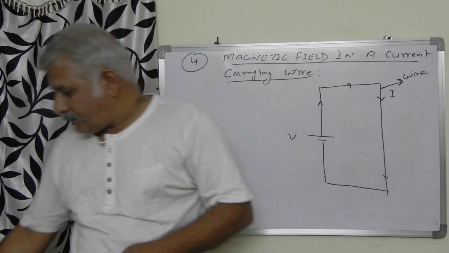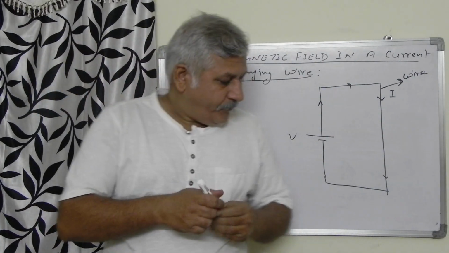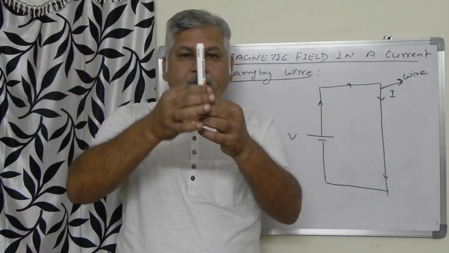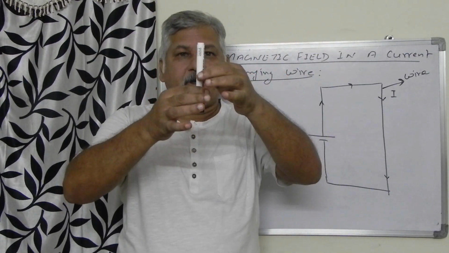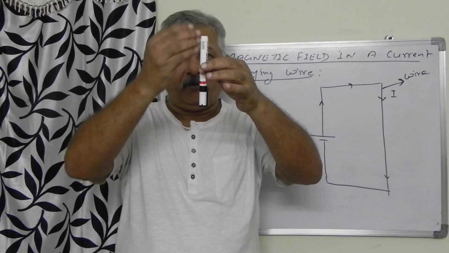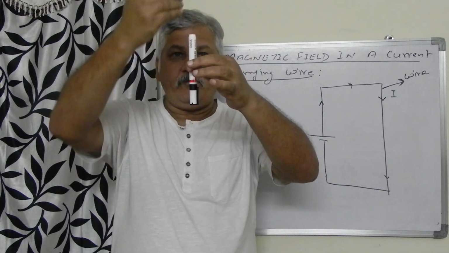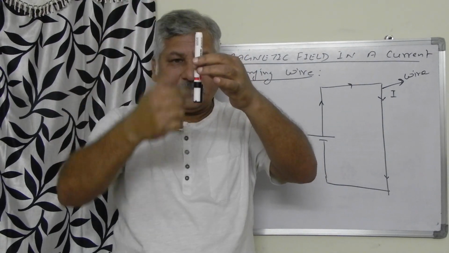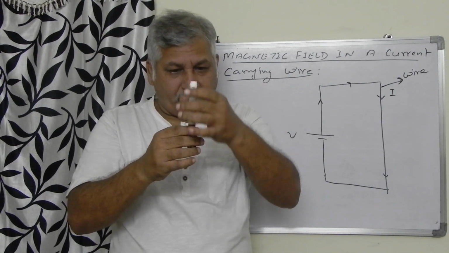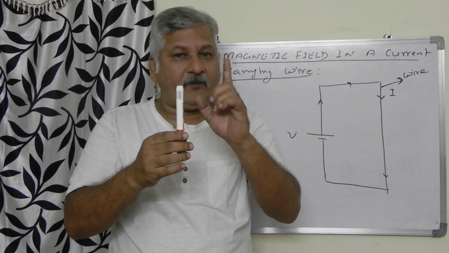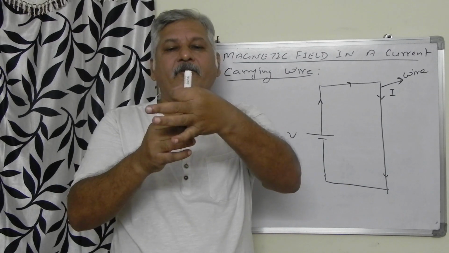So let us see this case. Suppose this is the wire, and we have connected one voltage source. Current is flowing through this wire, and the direction of current is from top to bottom in this way. So now the magnetic field will be produced around this wire, and the magnetic field will be circular like this.